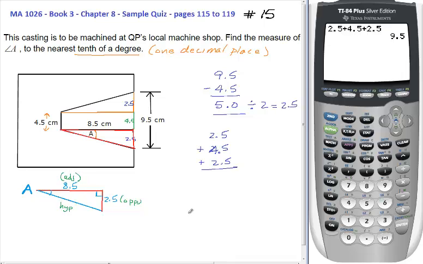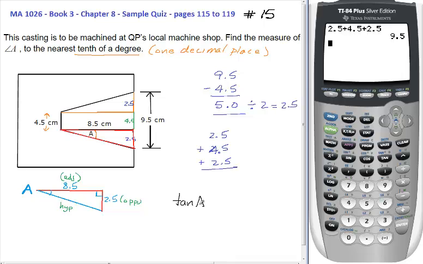So you have to make a choice. Which one of the three trig ratios, sine, cosine, or tan, are you going to choose to find angle A? And you want to use the one that has the two known sides, 2.5 and 8.5. In other words, the opposite and the adjacent. Which trig ratio is going to find that for us? And the answer, of course, is tangent.